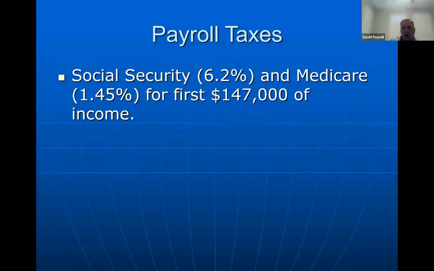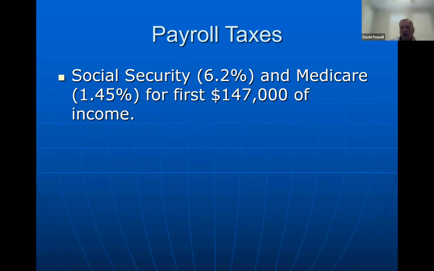And the way in which they work is that the Social Security tax rate is 6.2% on income up to $147,000. The Medicare tax rate is 1.45%, again, on that first $147,000 of income.